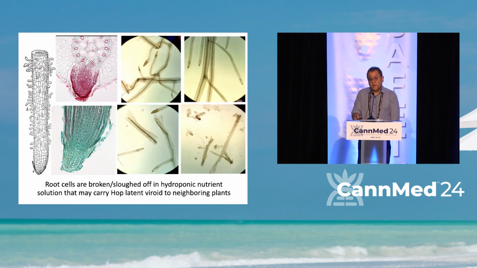So this viroid is probably getting sloughed off in root cells, maybe in the root cap, in the root zone. We don't think that it's necessarily viruses or viroid that's exuded out. It's probably fragments of roots, as you see here, floating around in the nutrient solution that is allowing this viroid to spread.